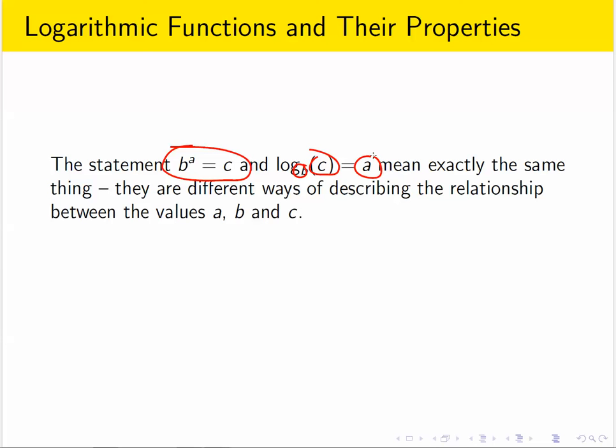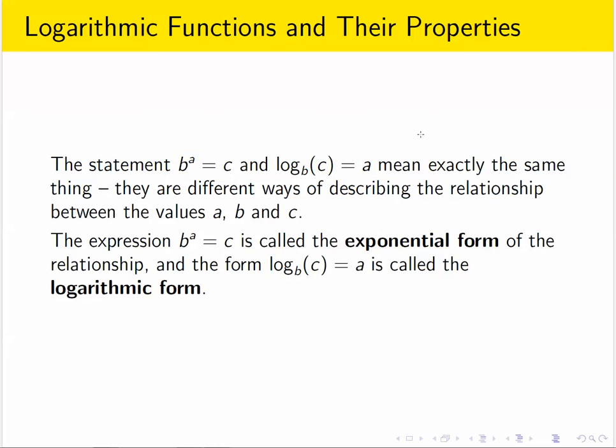So you can express the relationship either in this form or in this form, and they mean exactly the same thing. The first form is called the exponential form of the relationship between these numbers. The second form is called the logarithmic form.